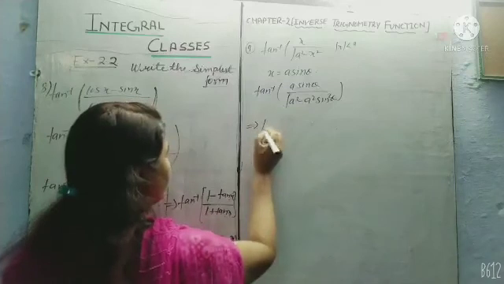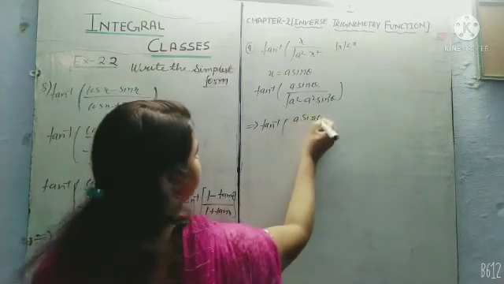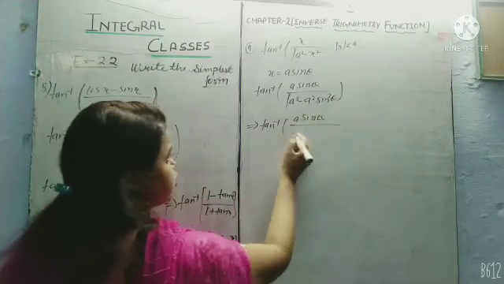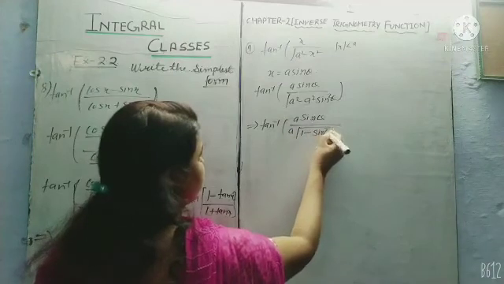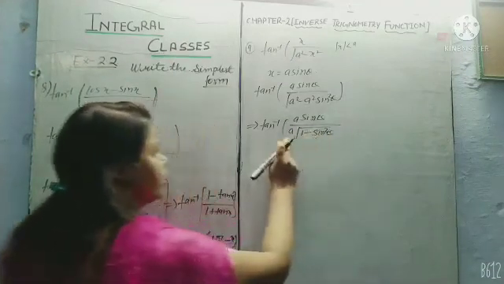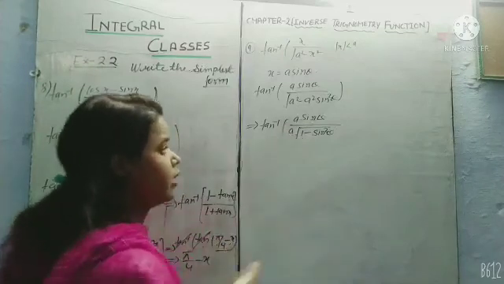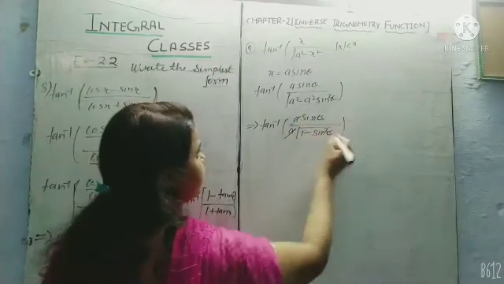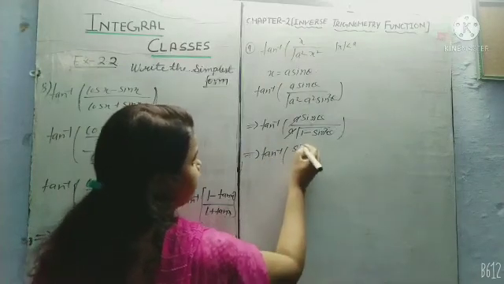Now again we get tan inverse a sin theta upon a common, root of 1 minus sin square theta. A square is common, but it comes outside the root, so it becomes a. A is cancelled here.